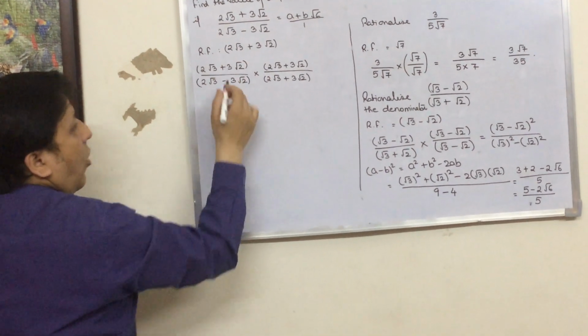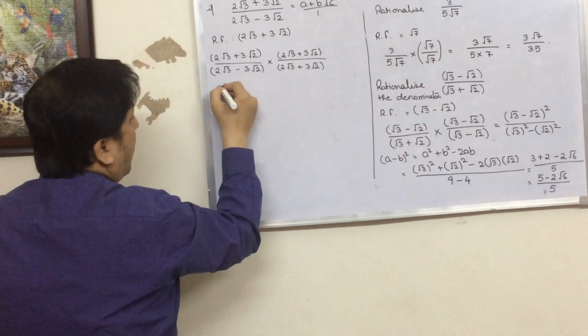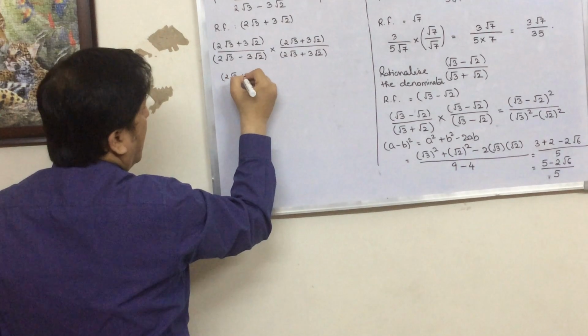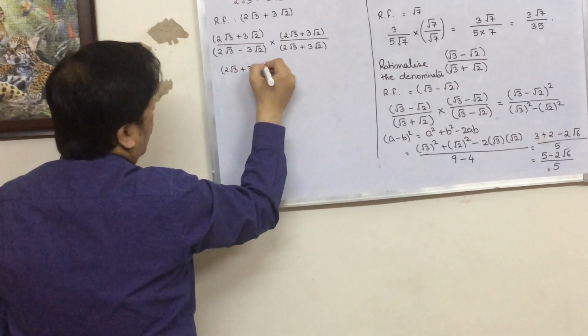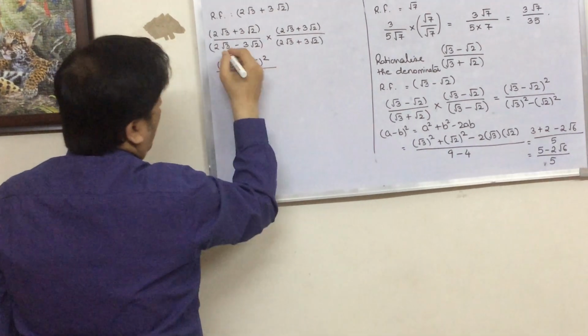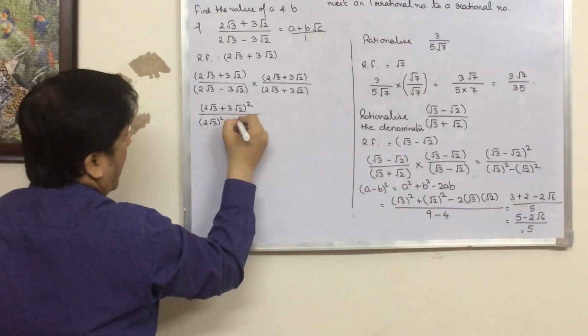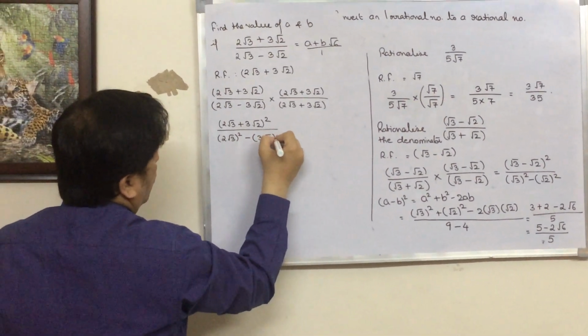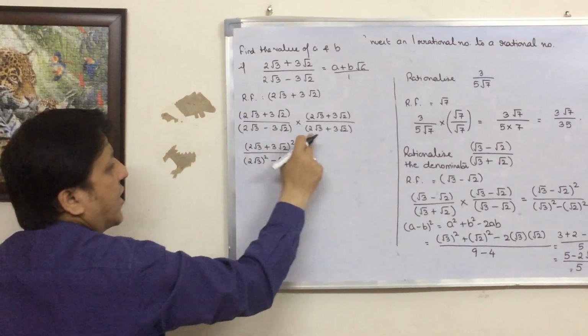Now in the numerator we get 2 root 3 plus 3 root 2 whole square, and in the denominator we get 2 root 3 whole square minus 3 root 2 whole square, because it is a minus b into a plus b.